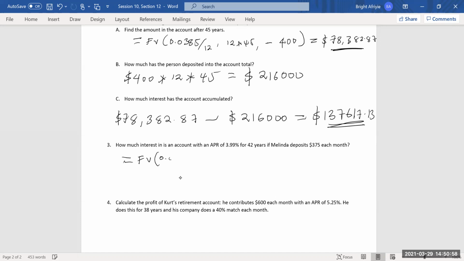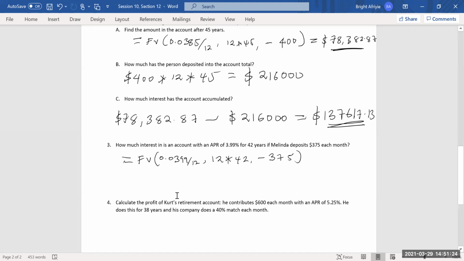So the 0.0399 divided by 12. Okay, and don't forget to introduce your comma, and then you do 12 by 42, and then how much Melinda deposits every month. Is that okay? And that gives you how much will be in the account.